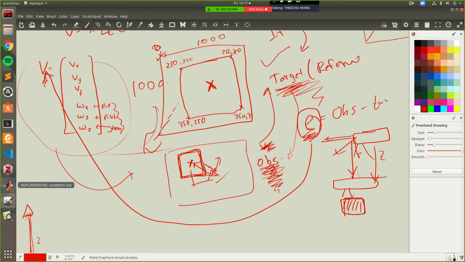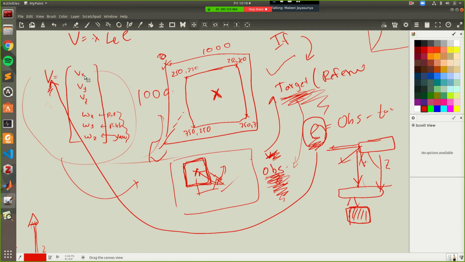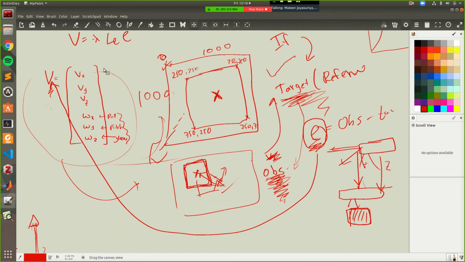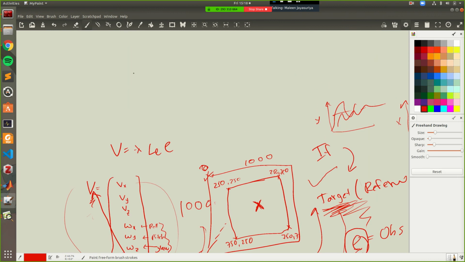Is it possible that all the values in the velocity matrix are zero, or near zero? So what is your velocity? It's equal to minus lambda L_e times the error.